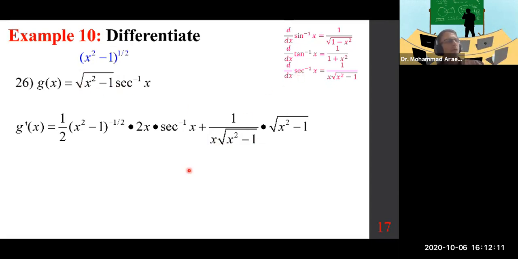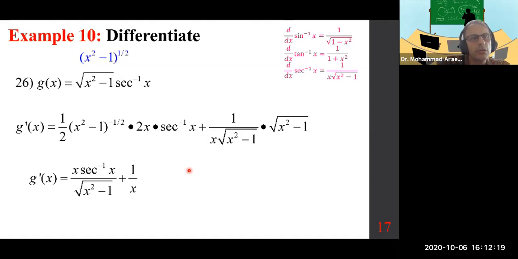Now we're done. We have to do the calculus part, which is very simple. I hope you see the answer. 2 cancels out the 2. Negative 1/2 goes down, becomes positive 1/2, which is the same as square root. X is at top, secant inverse is at top. Okay, class?